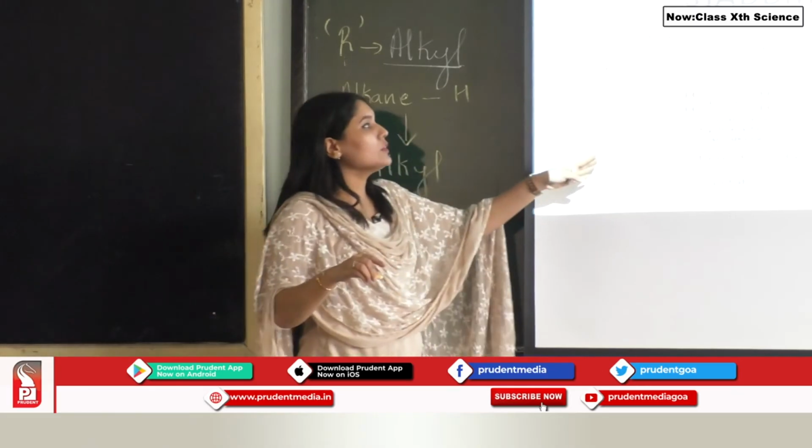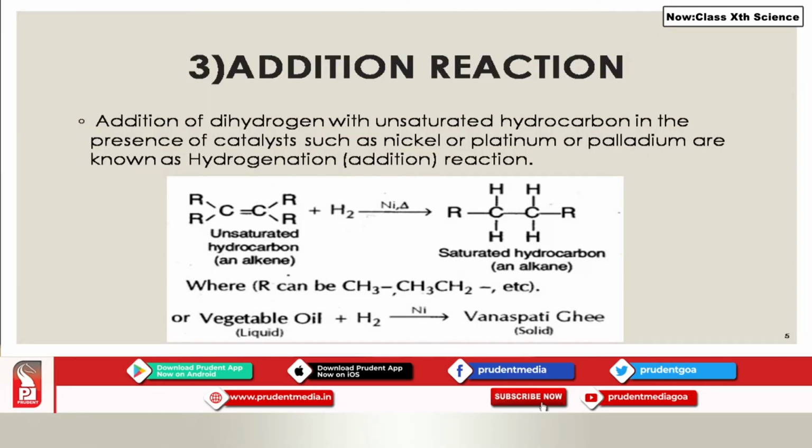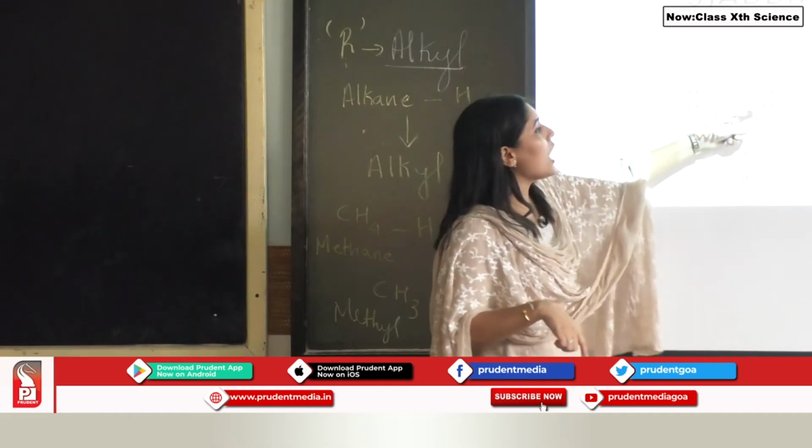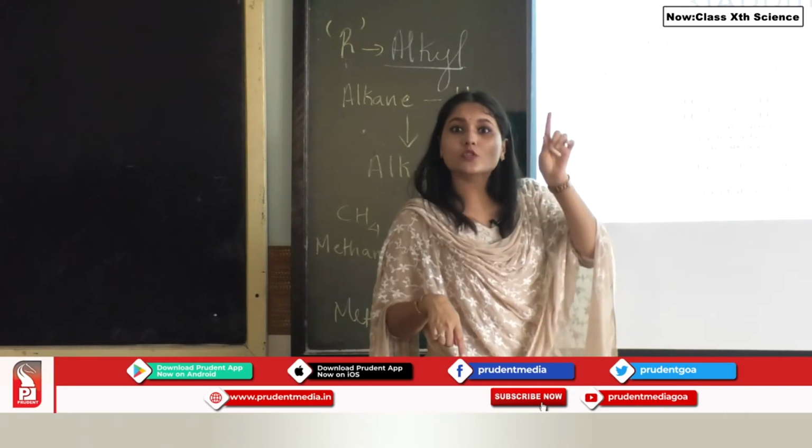So in this particular reaction you will see this is an unsaturated hydrocarbon. Between the two carbon atoms there is a double bond, and in order to maintain its tetravalency, hydrogen is not being attached. You have to add hydrogen to the reaction. So in this particular example, you see there is an R group. That R group is your methyl group.